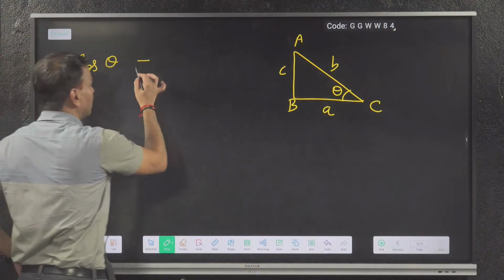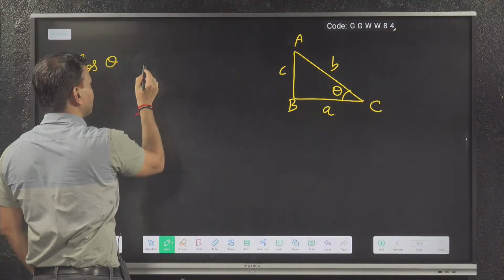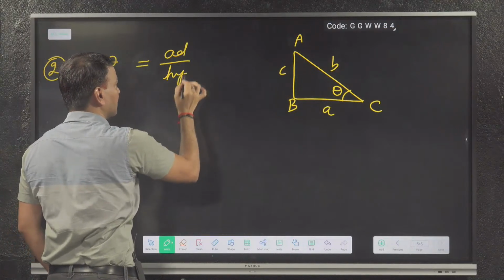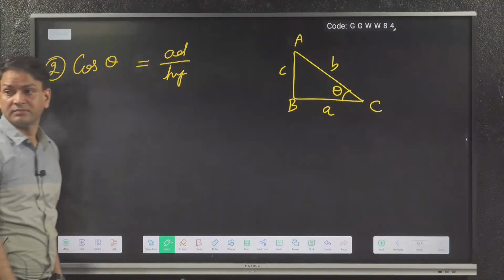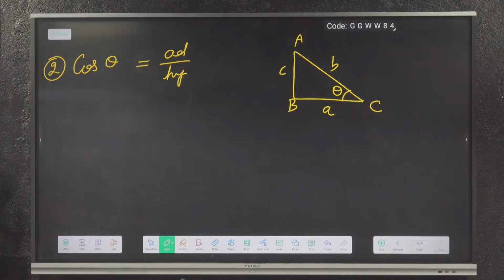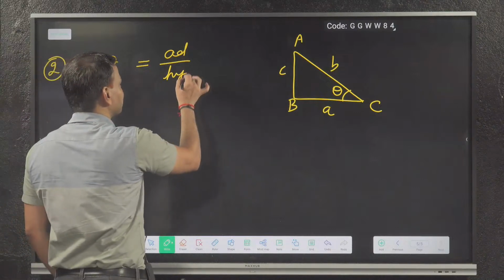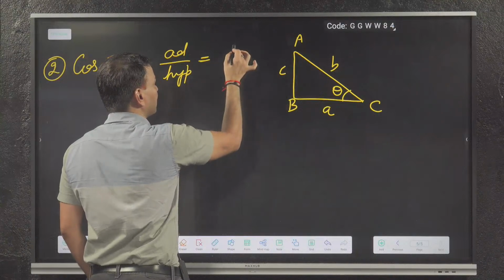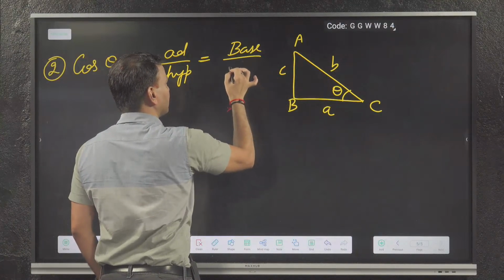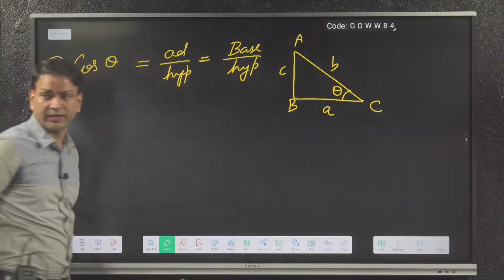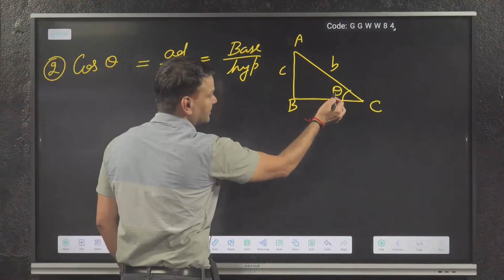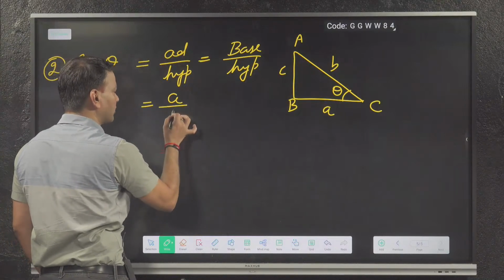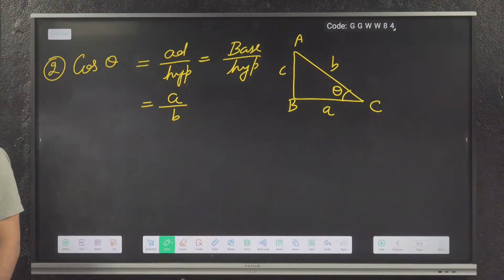You have learned adjacent side upon hypotenuse, or one more you have to remember, base upon hypotenuse. So for this theta, what is the adjacent side? Adjacent side is A, and the hypotenuse is B. So what is the cos theta you got? A by B.